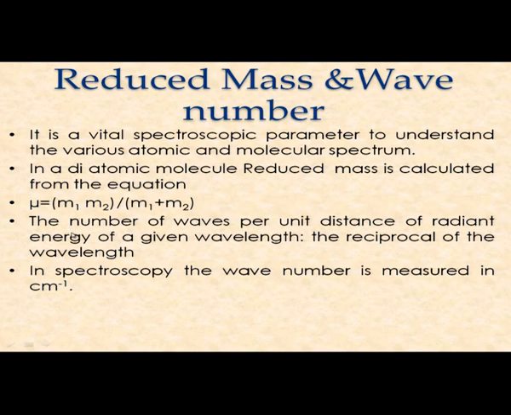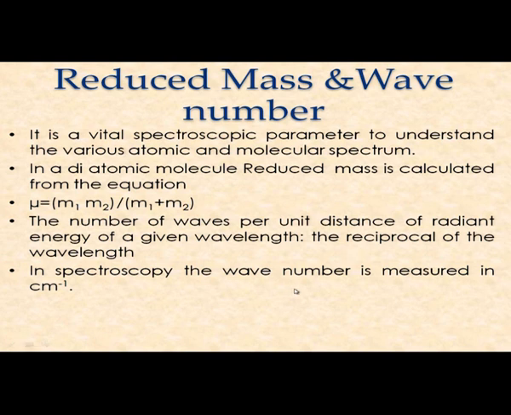Then coming to the wave number, number of waves per unit distance of radiant energy of a given wavelength is the wave number definition in spectroscopy. For calculation purpose, this wave number can be calculated or obtained by reciprocating the wavelength.